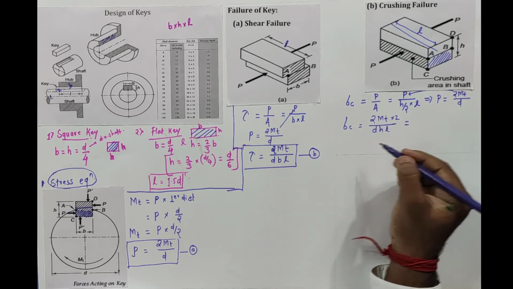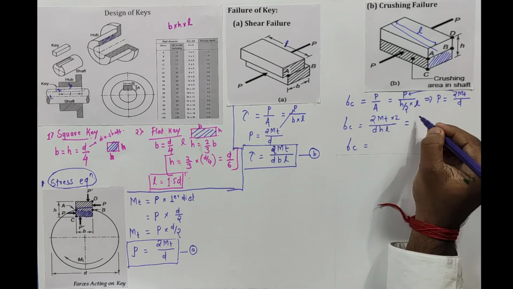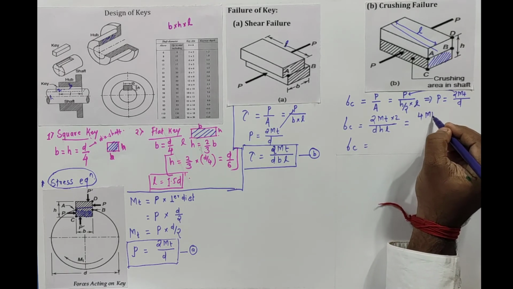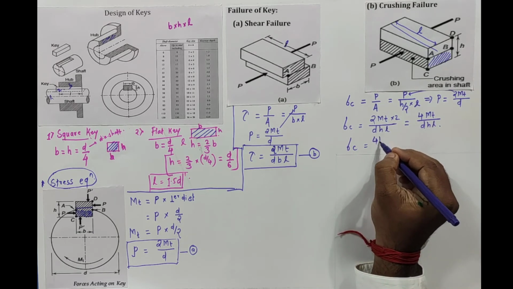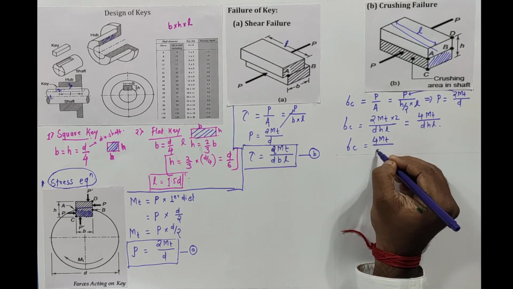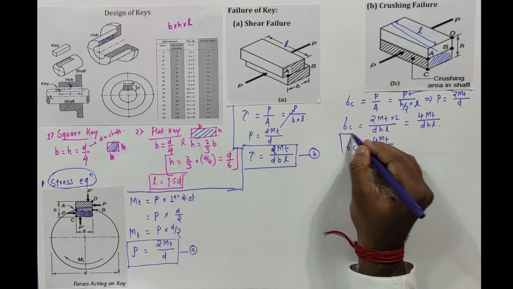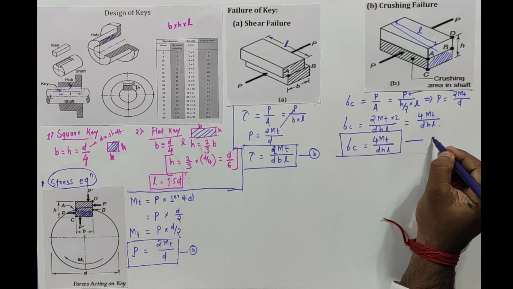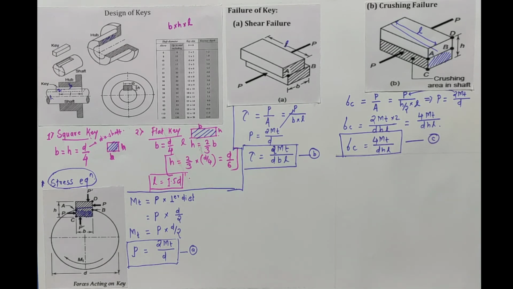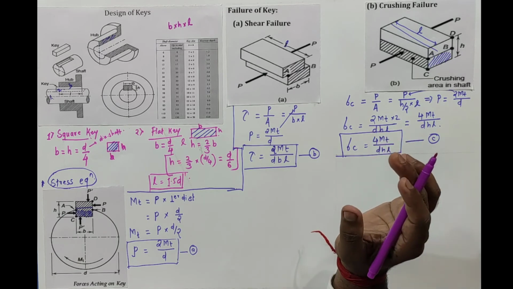So in short, I can write in simplified form, 4mt by dHl. Correct? So this will be equation number 3, that is for crushing failure occurring in the structure of the key.